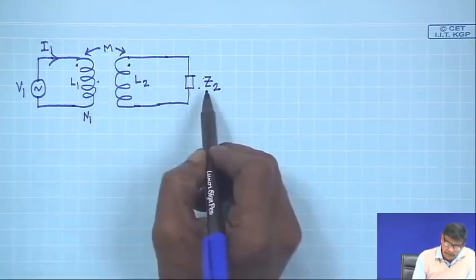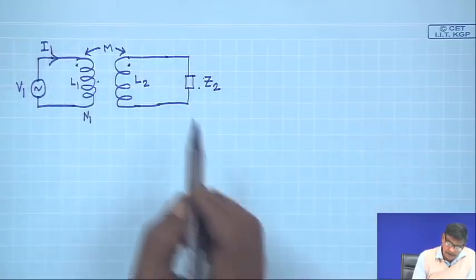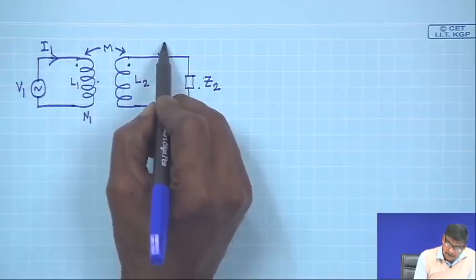These are all complex numbers Z2, V1, I1, and this current is suppose I2.